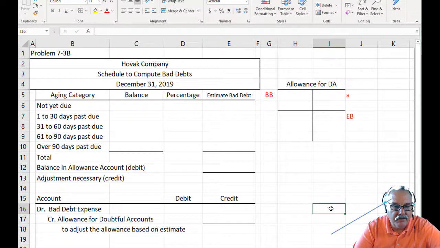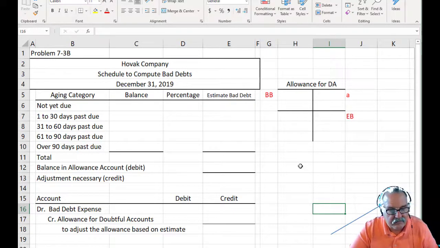Because if the company was going to pay us, they would have paid us by now. And so we're going to now categorize our accounts receivable into aging categories. Again, this is very common in the real accounting world that we do this based on an aging.